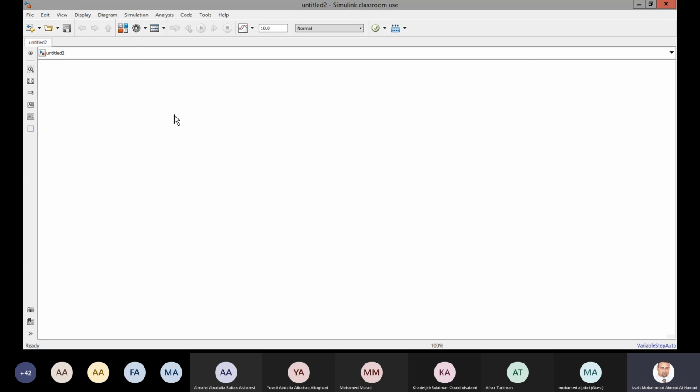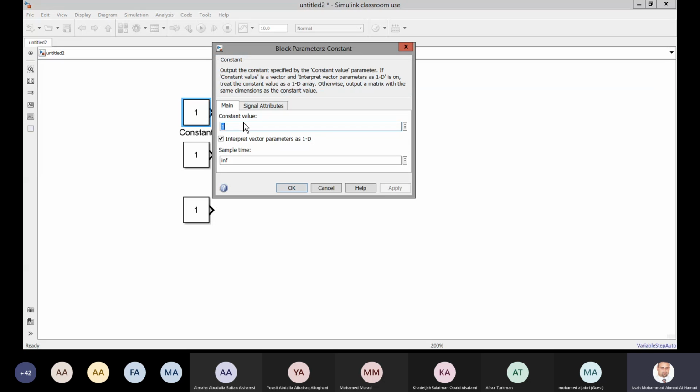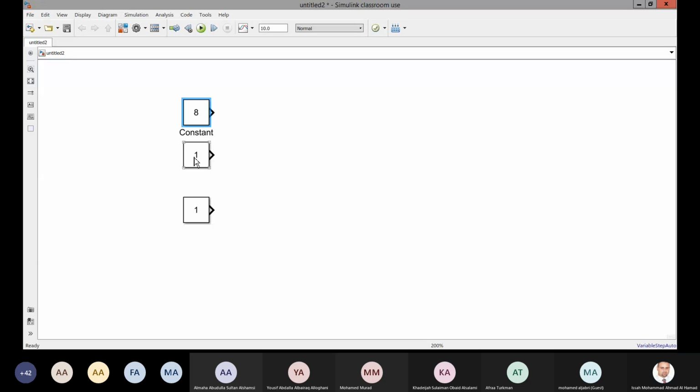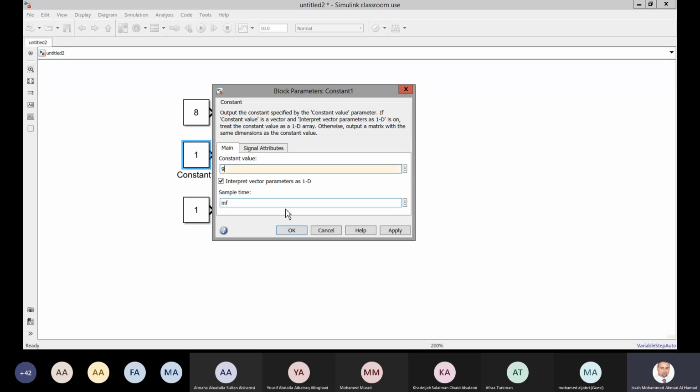So I will have a constant. And I have another 2 constants. I need to add them together. So this can be, for example, 8. This can be 9.